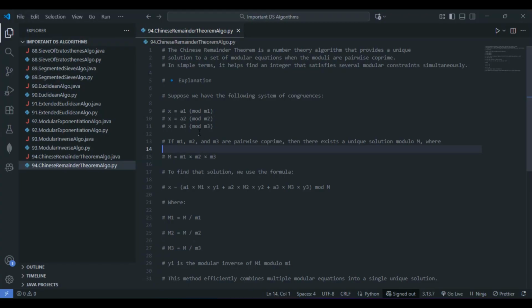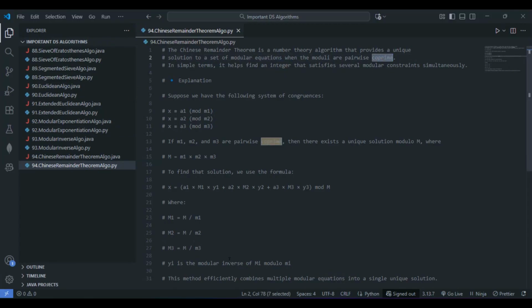The Chinese remainder theorem is a number theory algorithm that provides a unique solution to a set of modular equations when the moduli are pairwise coprime.